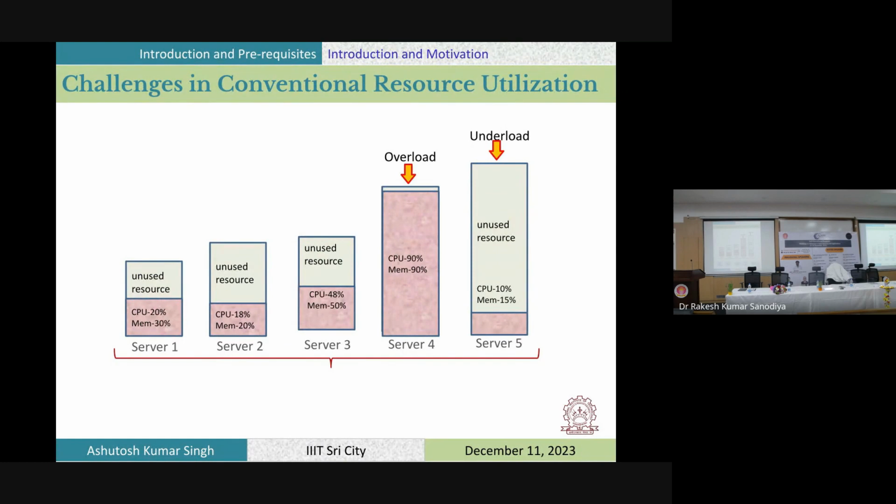So what happens because of this? Once they are underloaded, they are taking a lot of power, resources are wasted, and because of this there is SLA violation, which means service level agreement. To deal with these challenges, we need to effectively manage the resources and predict workload.